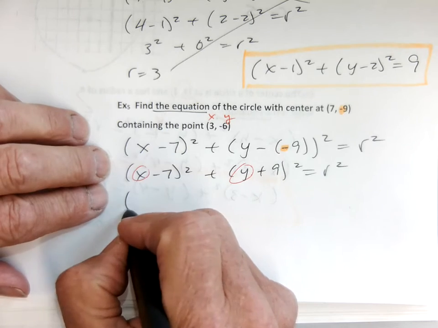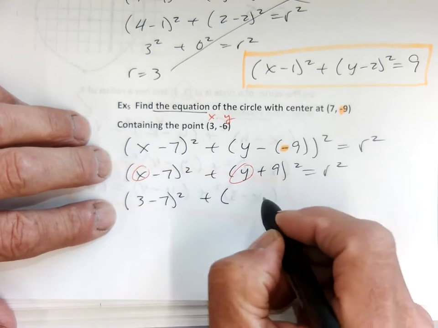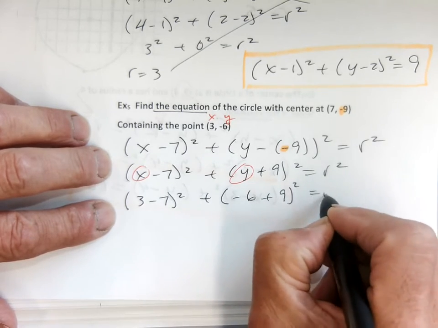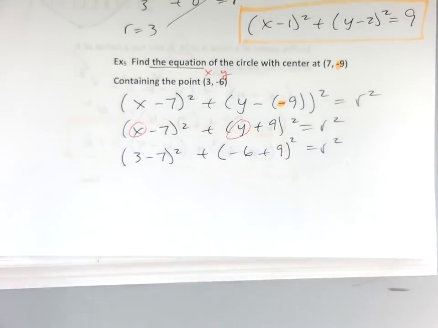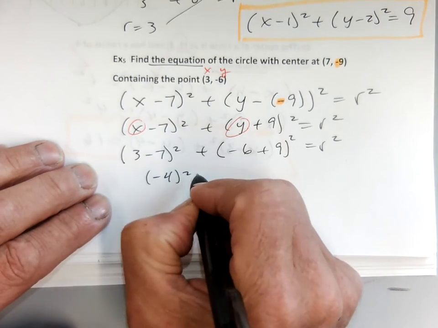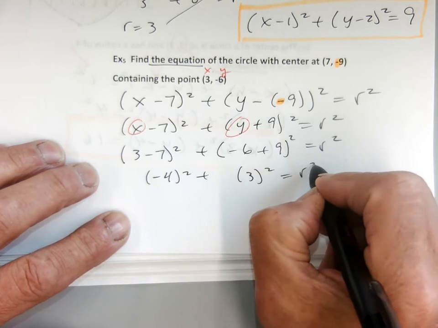I will have 3 minus 7 squared plus negative 6 plus 9 squared equals r squared, okay? And then I'll have negative 4 squared plus 3 squared equals r squared, okay?